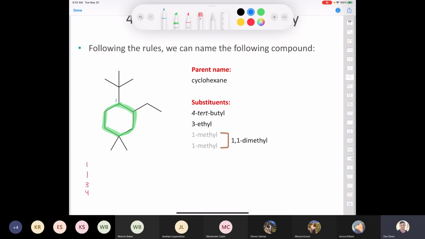If you numbered it like this, 1, 2, 3, 4, you'd have a substituent at carbon 1, another one at 2, and then 2 at carbon 4. So this looks good, but 1 is a lower number than 2, and so the red numbers, the ones that I had first, were correct. So we go 1, 2, 3, 4, like that.